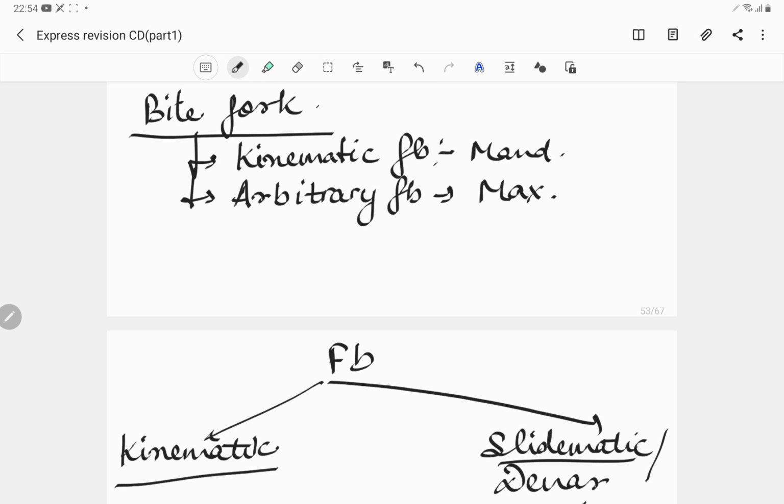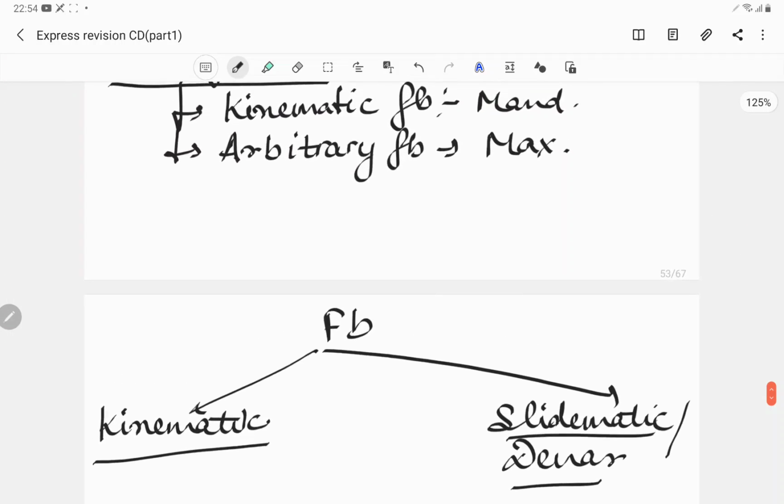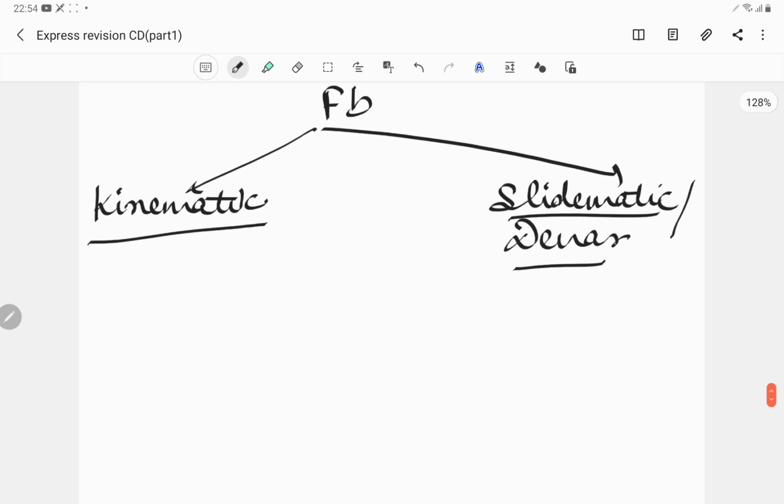If you have seen your seniors or PGs doing, or if you have also done the face bow, the kinematic type is used in FPDs and in full mouth rehabilitation. We use the kinematic face bow.